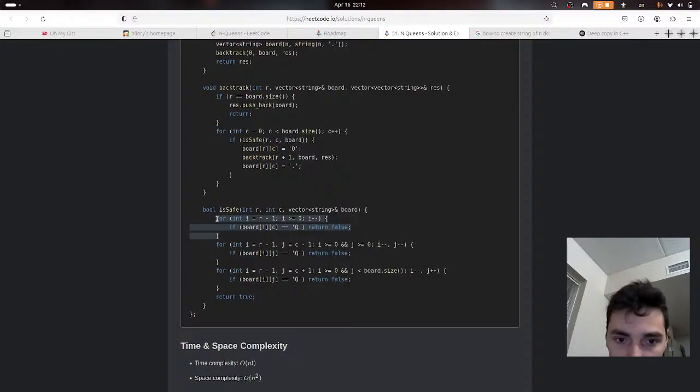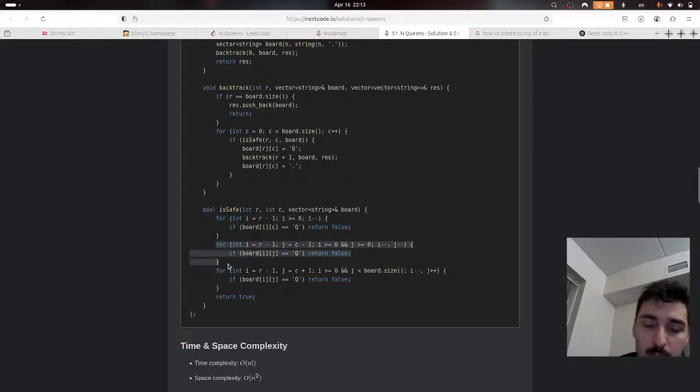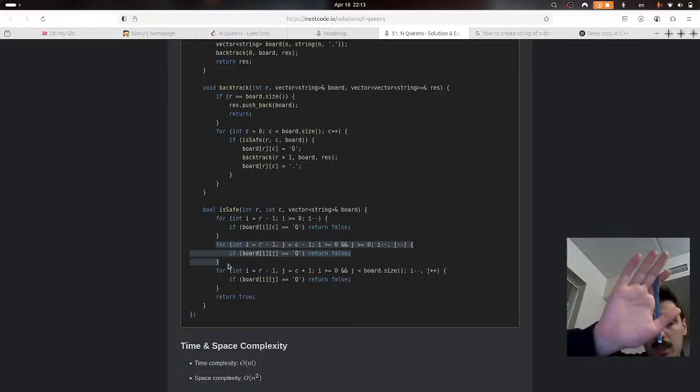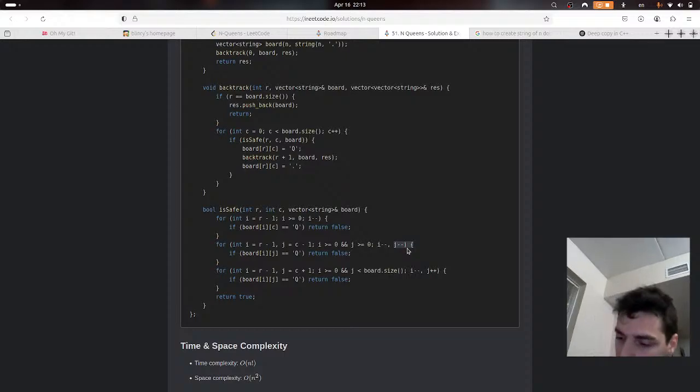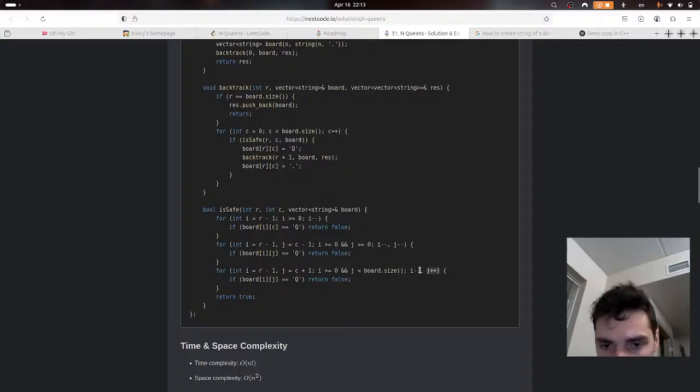It goes from the given coordinate left up, this is up, and this is left, basically. And it checks this, and this is going right, and this is going up.